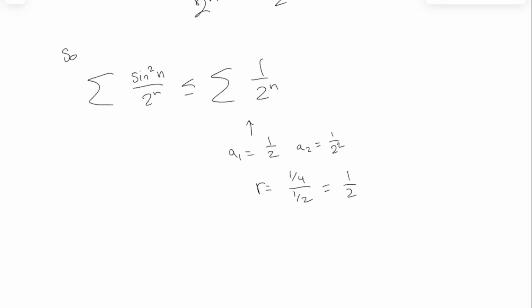You may have to do a little figuring. But anyway, this r being less than 1 in absolute value means it converges. And so by our comparison test, what I started with, sine squared of n over 2 to the n, converges. Right?